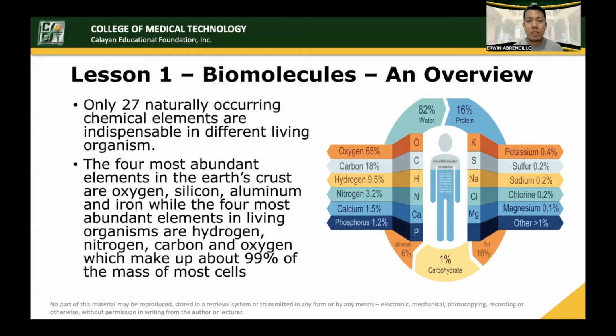And this is around less than 1%. Meanwhile, water, which is a compound, a molecule, is around 62%, while protein is 16%, and 1% carbohydrates, 6% minerals, and 16% fat.